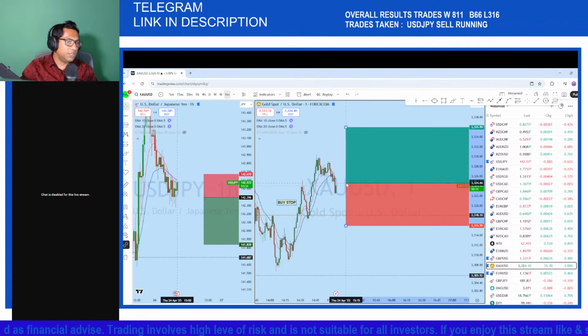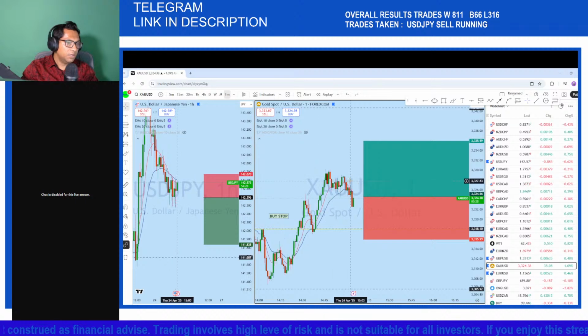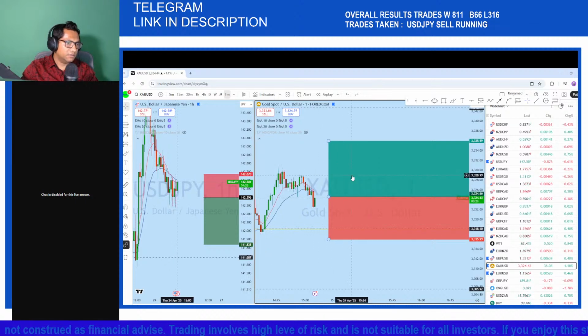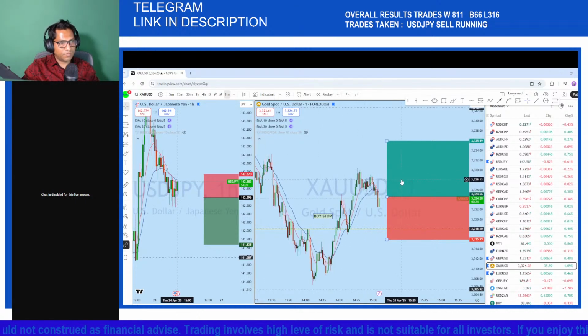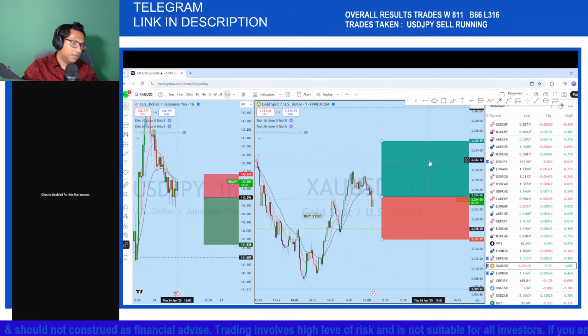So when we look at this move here, it's a clean one move. When you see a move like that, it sometimes fails to go to a higher high.